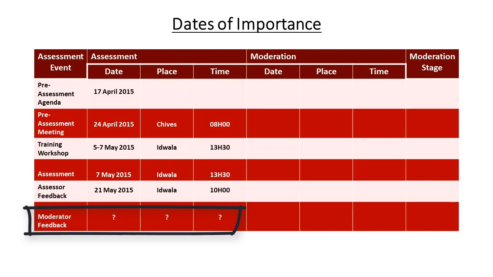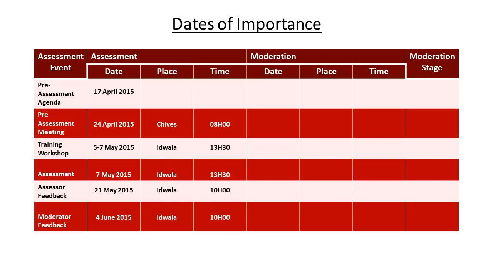Only after this feedback meeting, the moderator will be handed the evidence, and he or she will compile the moderator's report. Let us agree on a date of this feedback meeting, and the last important date is 4 June 2015 at Idwal Lime at 10 a.m. Good, so those are the dates as identified from the mock evidence and case study.